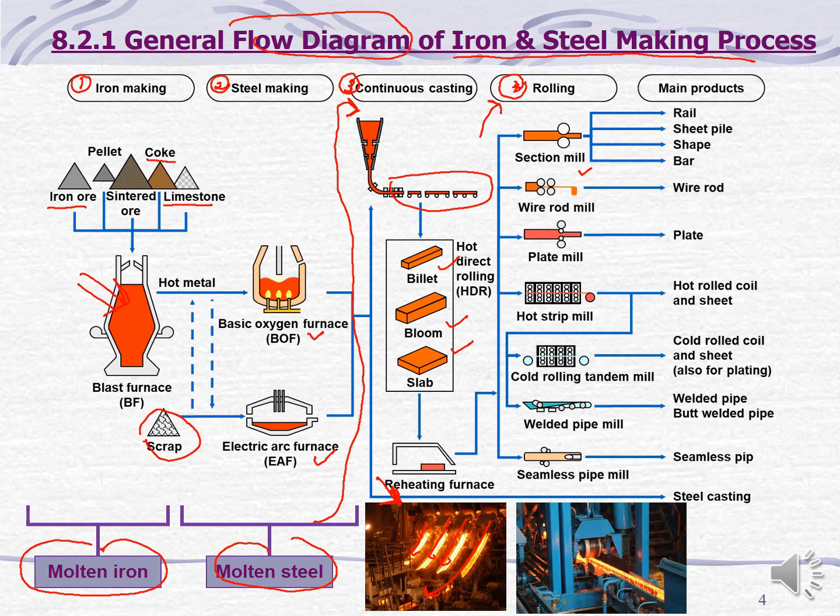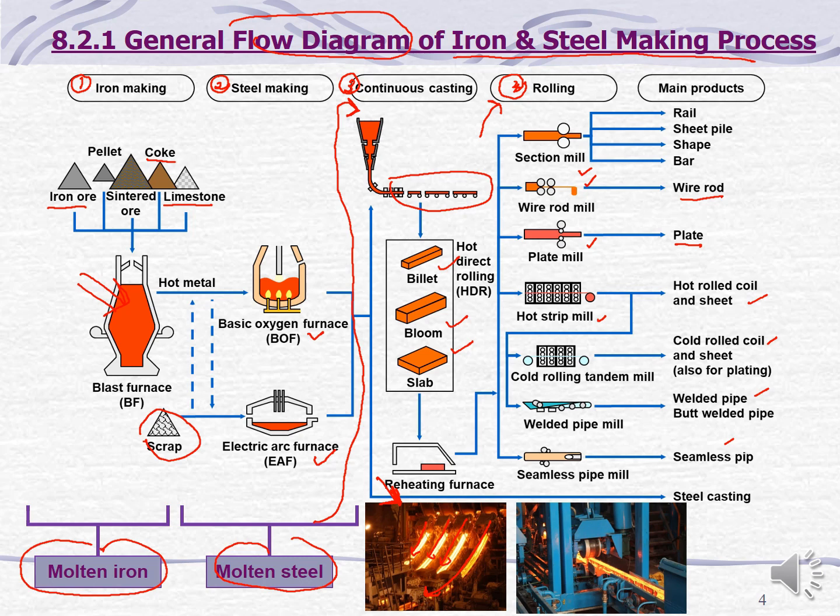The wire rod mill produces wire rod, the plate mill produces plate product, the hot mill produces hot roll coil and sheet, the cold rolling tandem mill produces cold roll coil and sheet, the welded pipe mill produces welded pipe, and the seamless pipe mill produces seamless pipe.